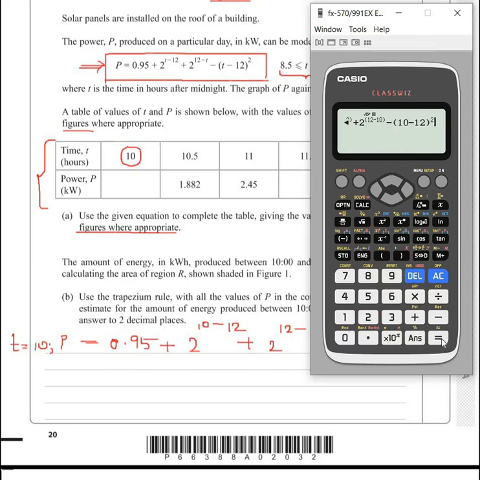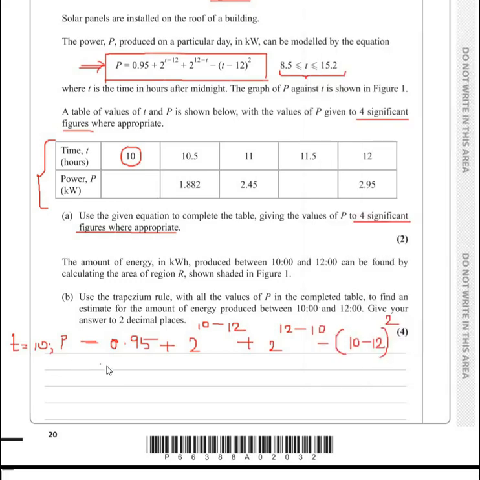So let us see how much we get. We get it as 0.6, or if you want to put it in decimals, we will get it as 1.2. So at T equal to 10, we get power as 1.2. So we write it as 1.2 over here.